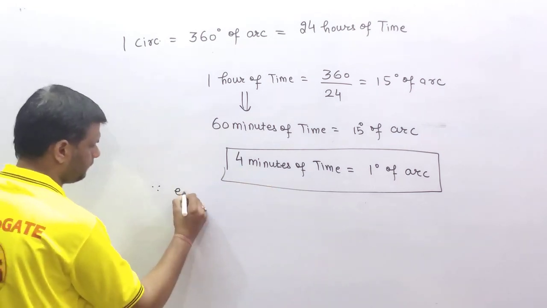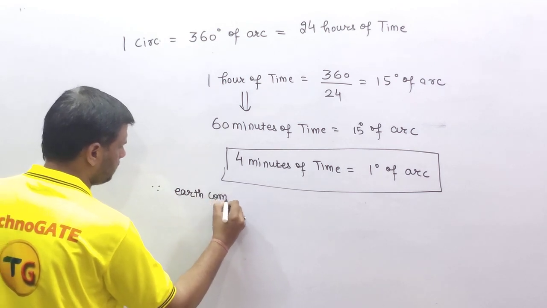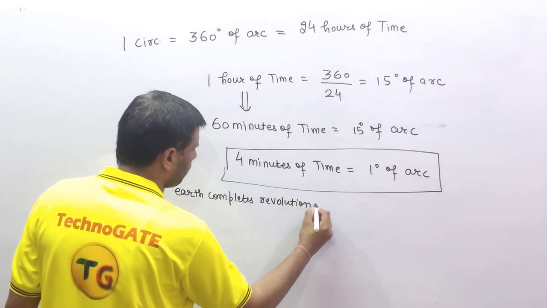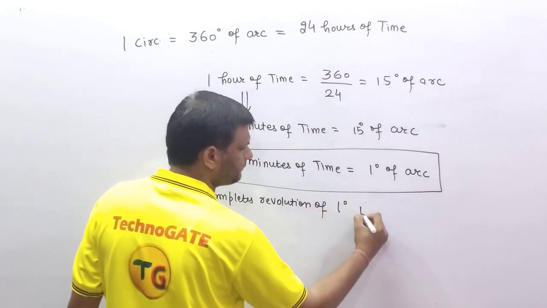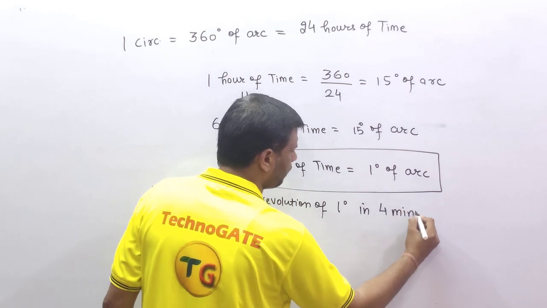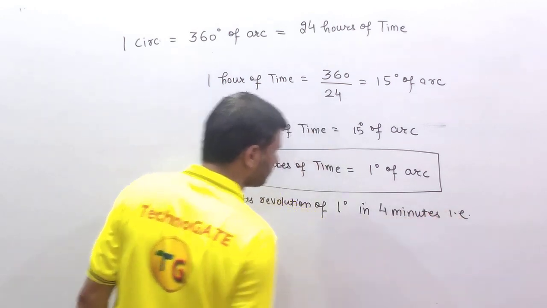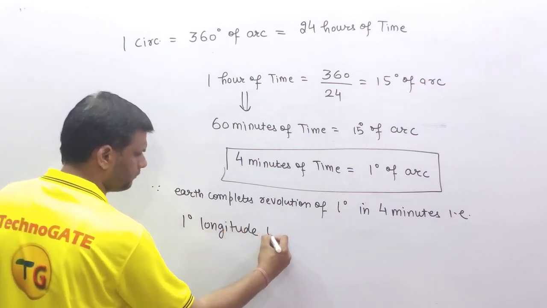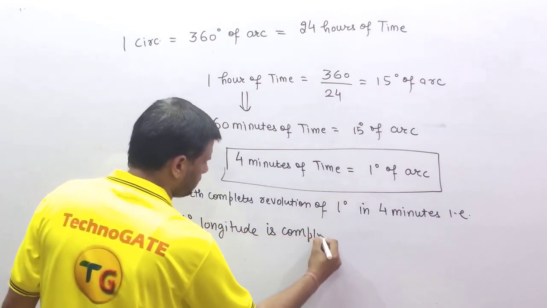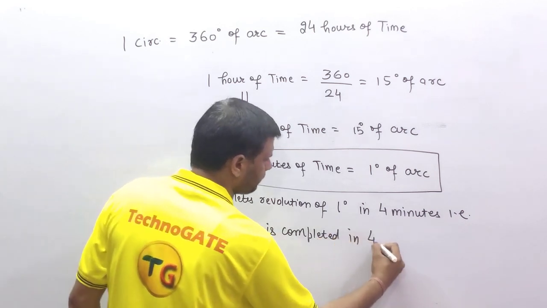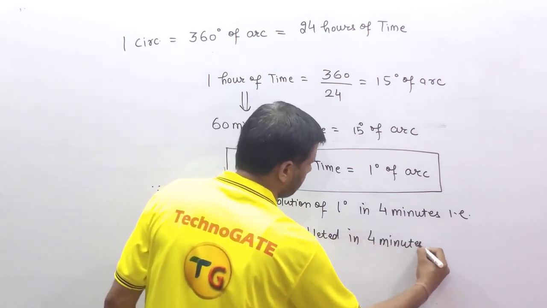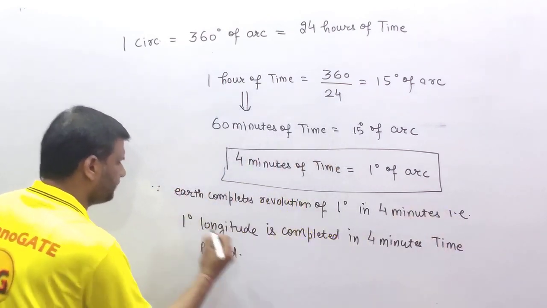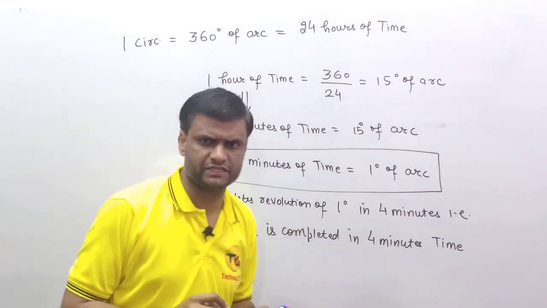That is, 1 degree of longitude is completed in a 4 minutes time period.